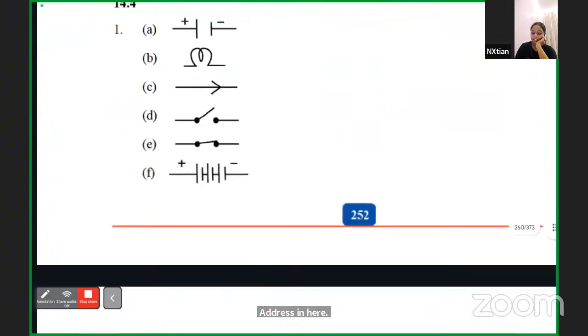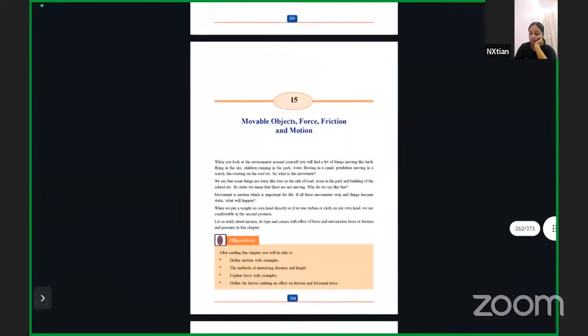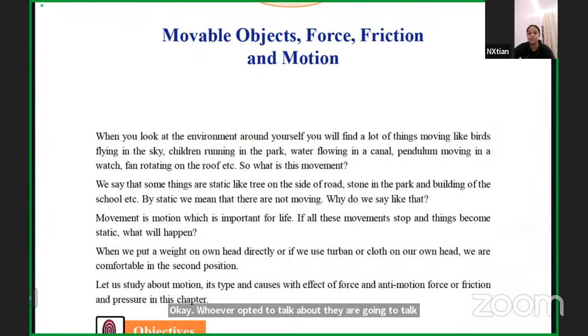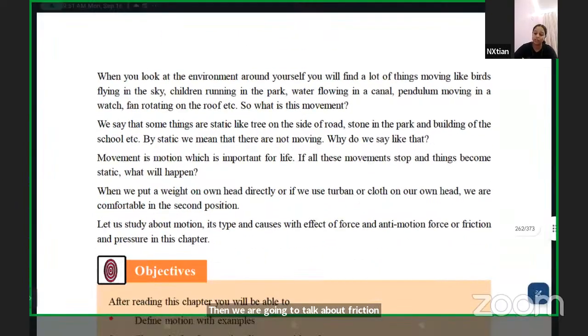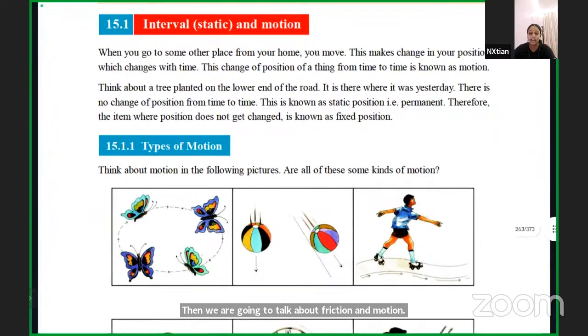Next chapter is movable objects: force, friction, and motion. We are going to talk about force, then friction and motion.